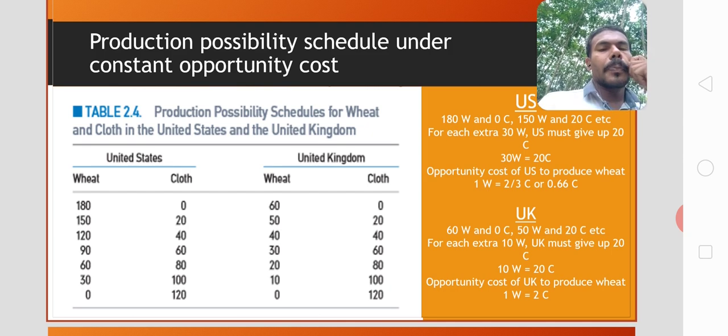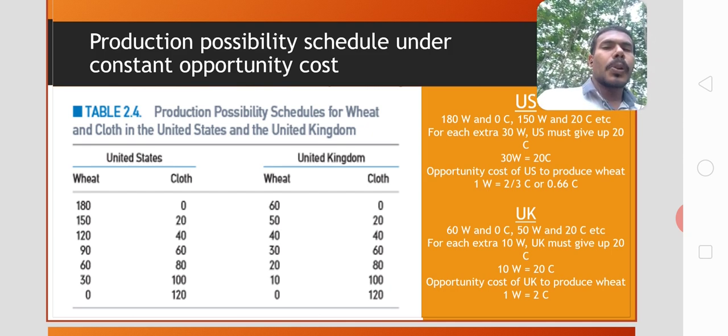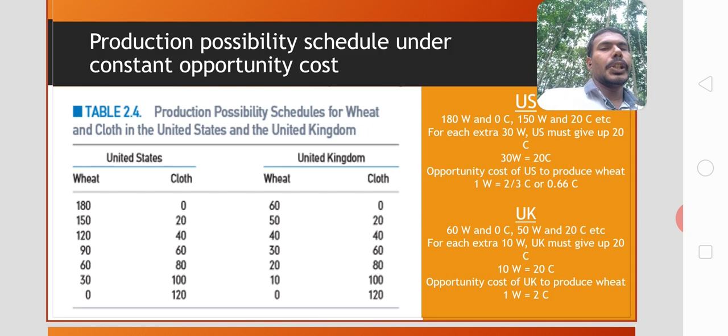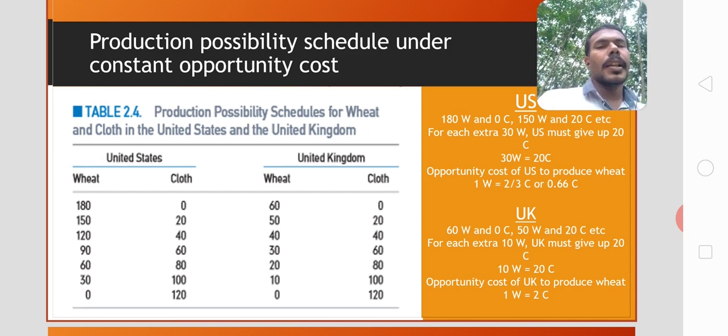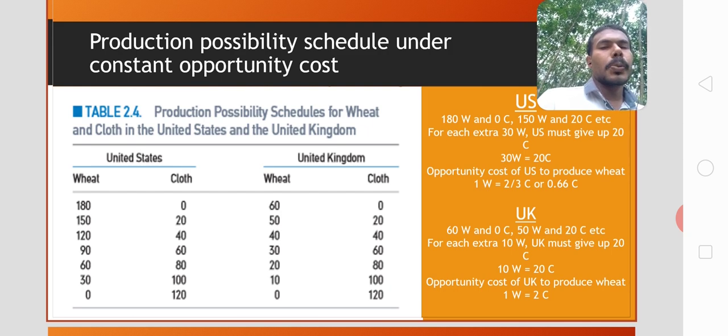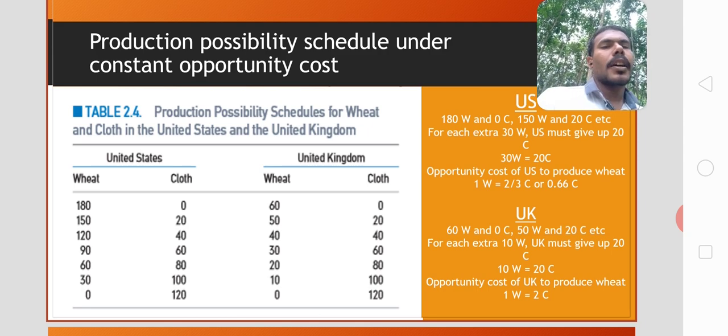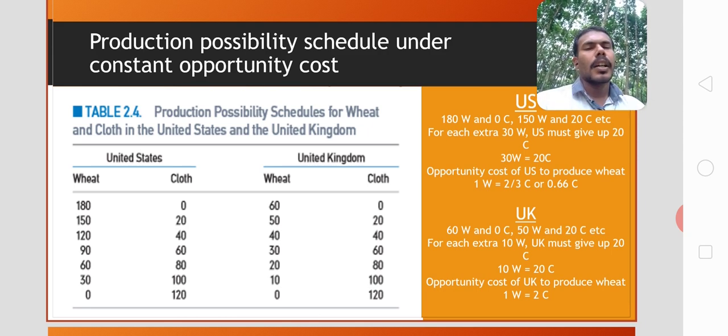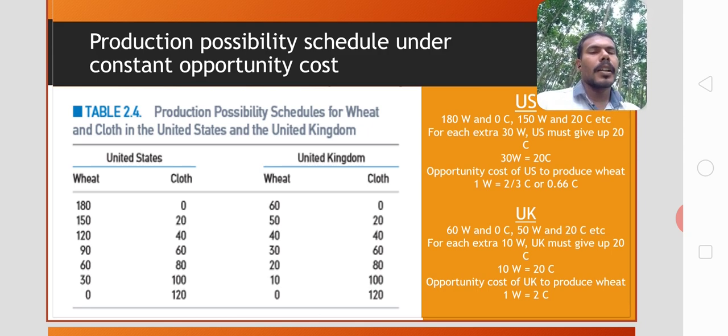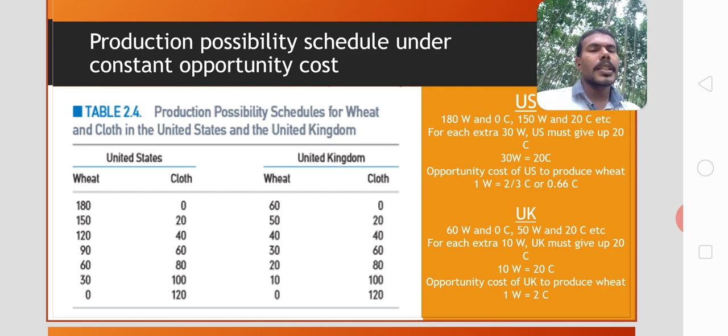And look, if the production level of the US on wheat goes again from 30 to 60, then cloth production will come down again from 100 to 80. So again, in order to produce 30 more units of wheat, 20 units of cloth have to be given up by the United States.